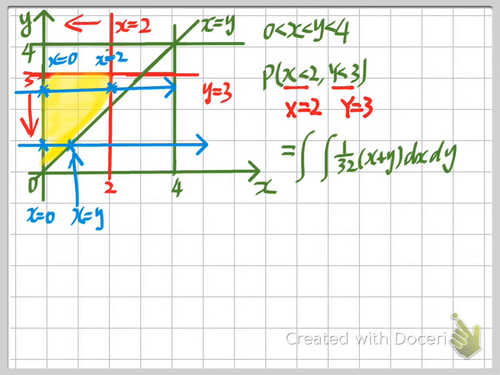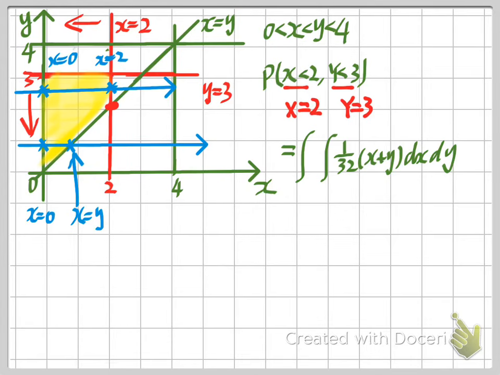So what does this mean? If we have this line parallel to the x-axis in different locations, we will have different upper and lower limits. And what's the key change here?